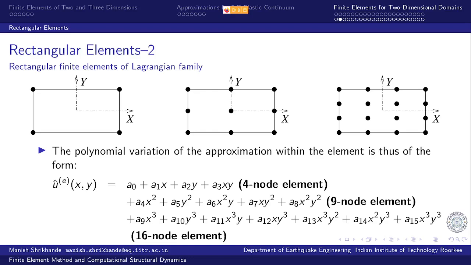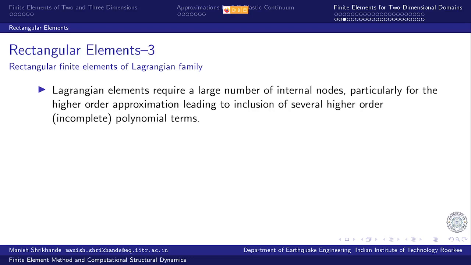For two-dimensional, we saw from quadratic to third degree the number of variables increases significantly. For three-dimensional, it is even much more rapid. So that is a general trend: Lagrangian elements require a large number of internal nodes, and that is happening because we are expressing Lagrangian interpolation as a cross product of one-dimensional interpolation.